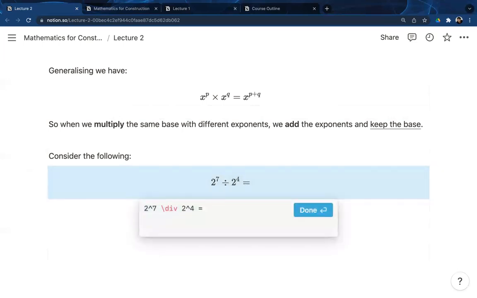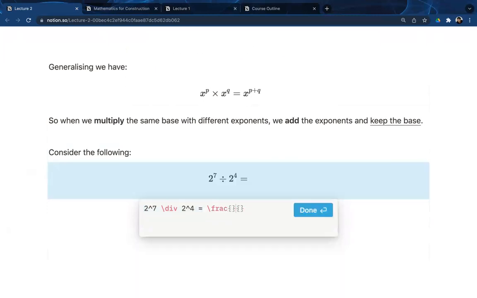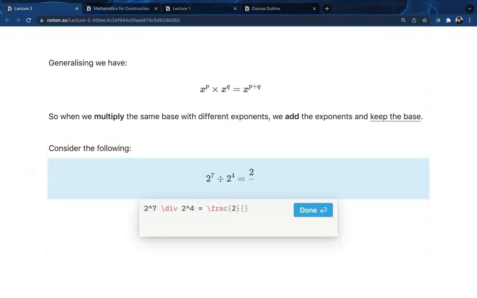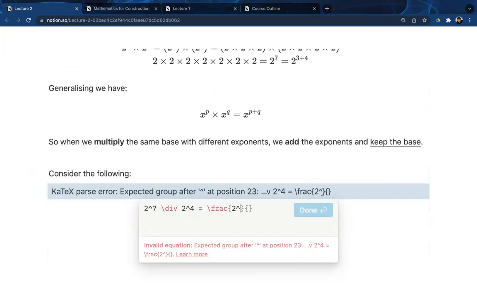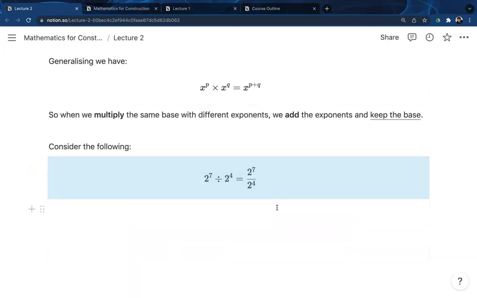First, let's write it as a fraction. Okay, this is a fraction. The term on the left is the numerator, the term on the right is the denominator.